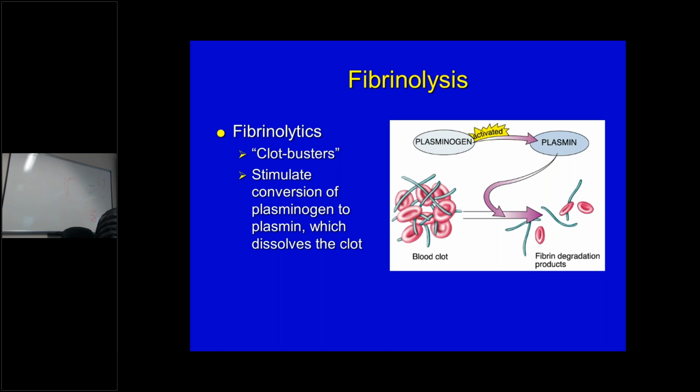And you get the breakdown of the clots when you have plasmin. Plasmin is stored as plasminogen, but it's not activated until there's a certain process, and that's what alteplase does, it activates that process, so you get plasmin, and it actively breaks down the clots. But it's super fast acting, and it's gone almost as quickly as you give it.